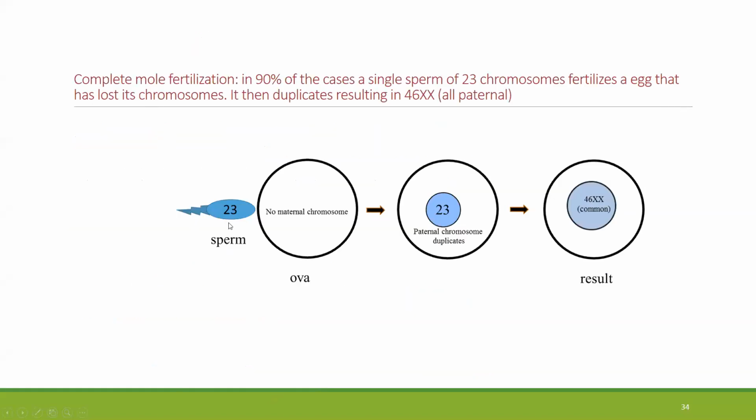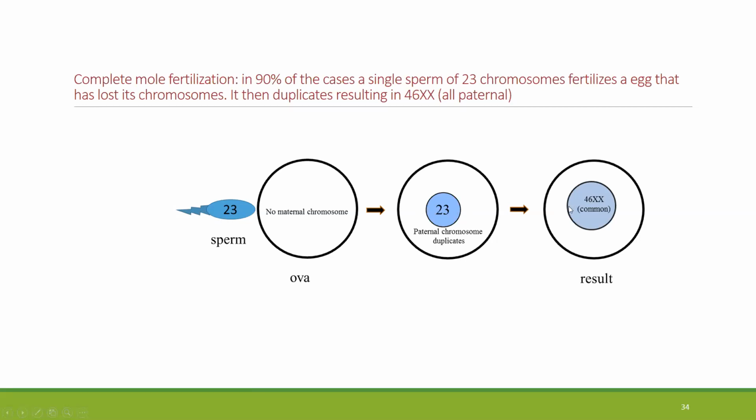To explain it in an easy way, one sperm with 23 chromosomes comes into an ovum with no maternal chromosome. So we have 23 chromosomes of paternal origin.